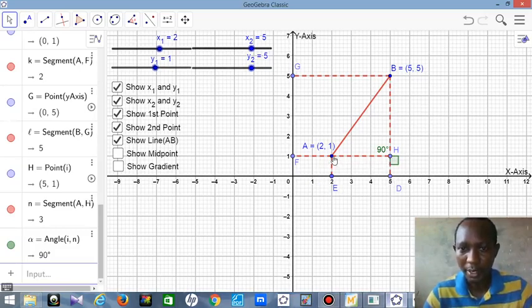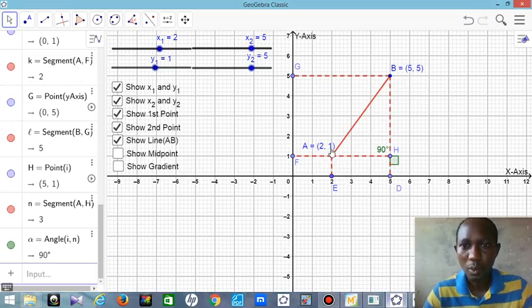But let me use AH because this is our target, AH and BH. So how do I get this distance? Remember, I called this x1, this is y1, then this is x2, this is y2.